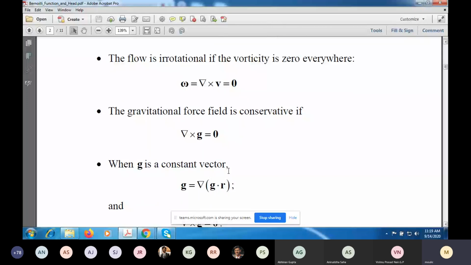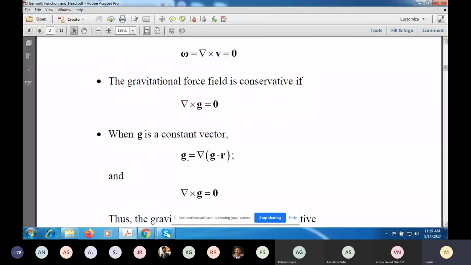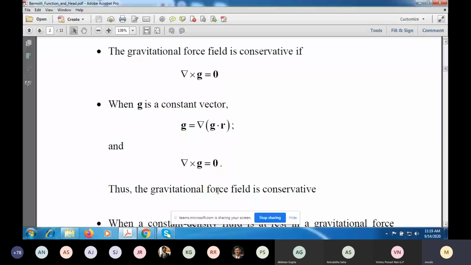And as you might have studied in a second year course, you can write G as grad of G dot R. Now you know curl of grad is always 0. So if G can be written as grad of G dot R, then curl of G will be curl of grad G dot R, which is the 0 vector. So when the gravitational acceleration is constant, we know the gravitational force field is conservative.